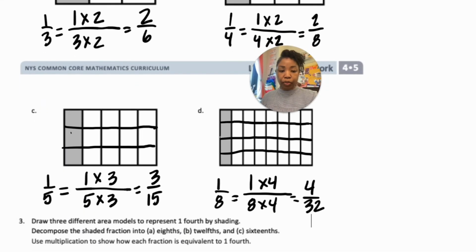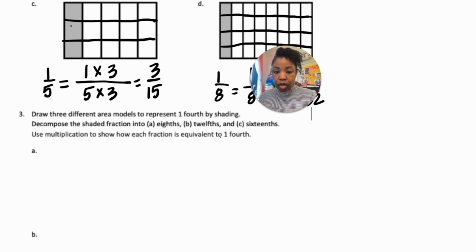All right, for number 3, we are going to decompose 3 different area models of 1/4. We're going to decompose it into eighths, 12ths, and 16ths, and we're going to use multiplication to show how they are equivalent.